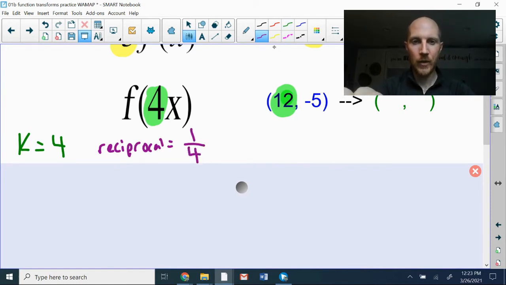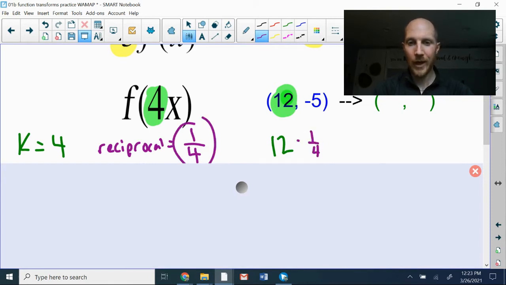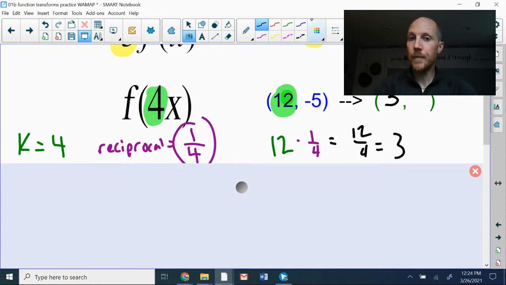Now I'm going to take that original x coordinate of 12, multiply it by the reciprocal of the k value, and 12 times 1/4 is 12/4 or 3. That is my new x coordinate. So the transformation is going to give me an x coordinate of 3. The y coordinate this time is unaffected by this transformation. There was no other transformation outside the parentheses, so the y coordinate is going to stay as a -5.